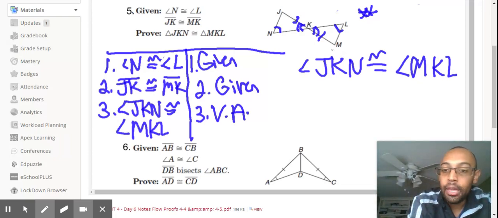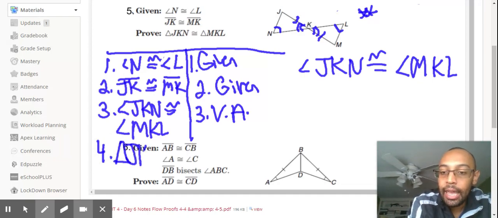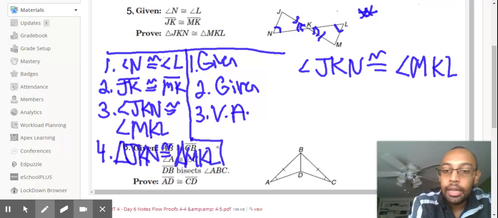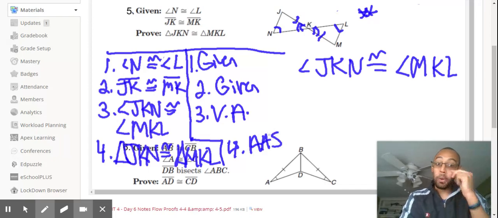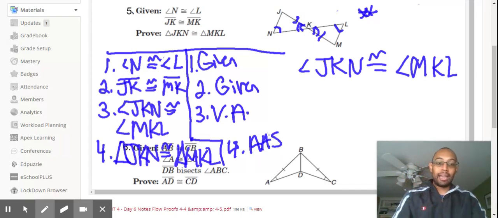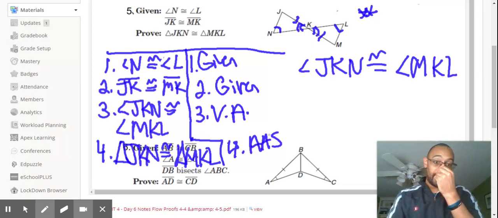So the fourth statement, which I know is going to cover this part here, is the proof statement: triangle JKN is congruent to triangle MKL. It is congruent because of angle, angle, side. You go in order, you go angle first to the next angle, then to the side. So that's angle, angle, side.